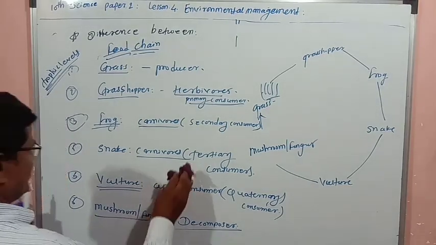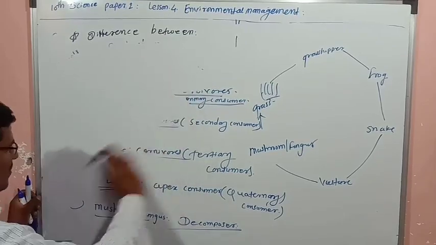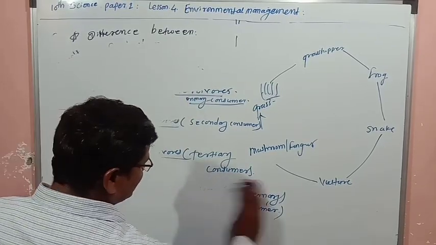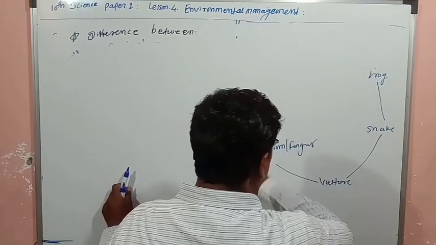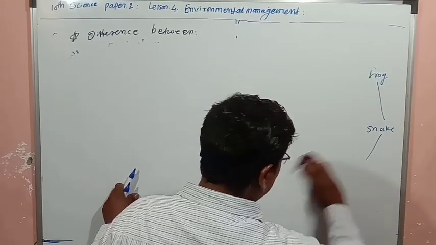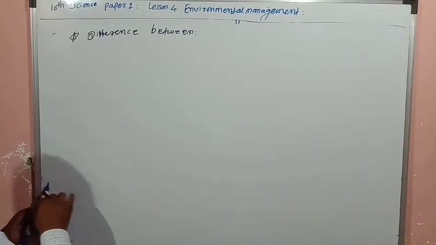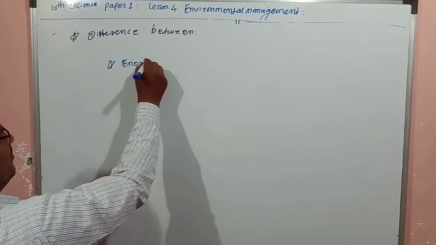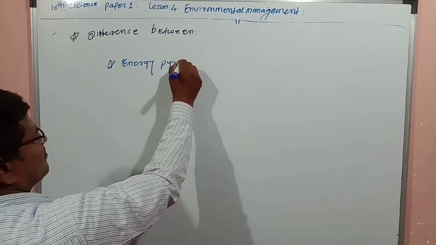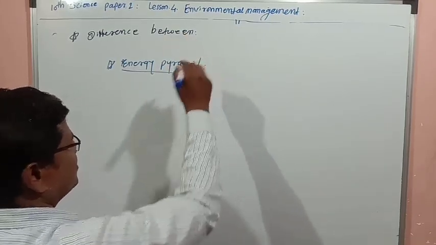So definition of energy pyramid we will take. Before this also you might have studied how energy is transferred from one organism to another, from producers to consumers. So next concept is the energy pyramid.